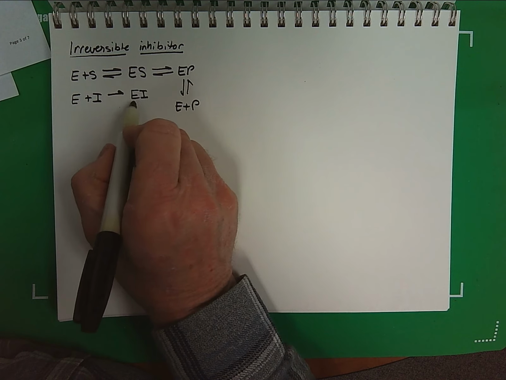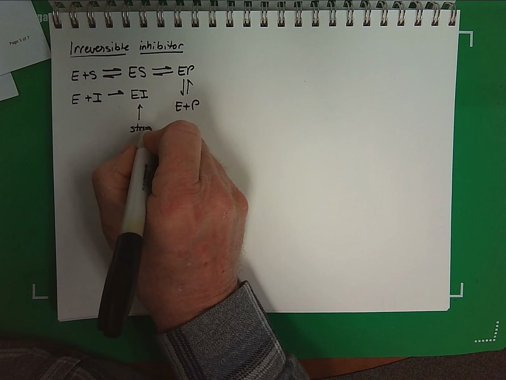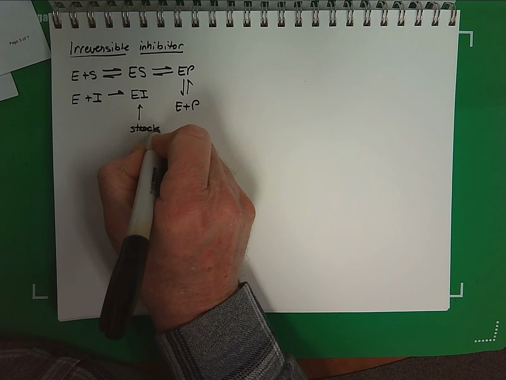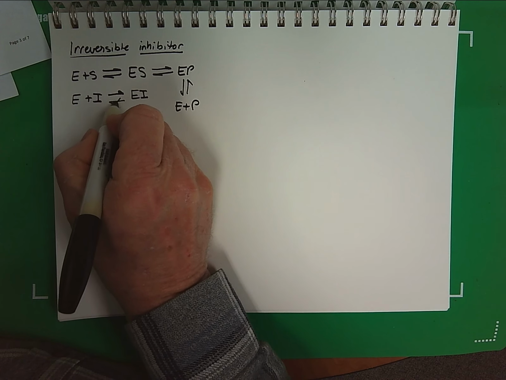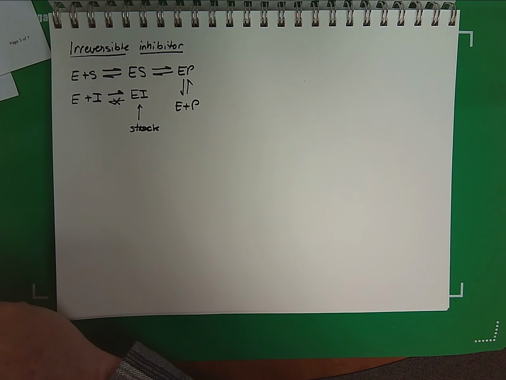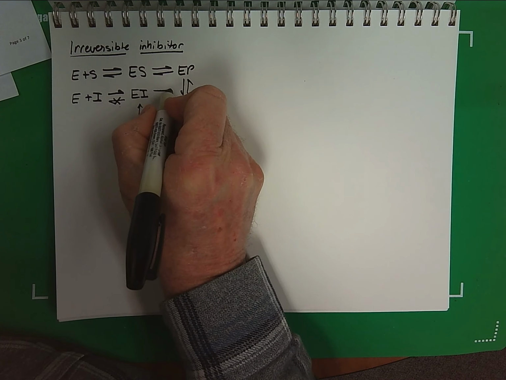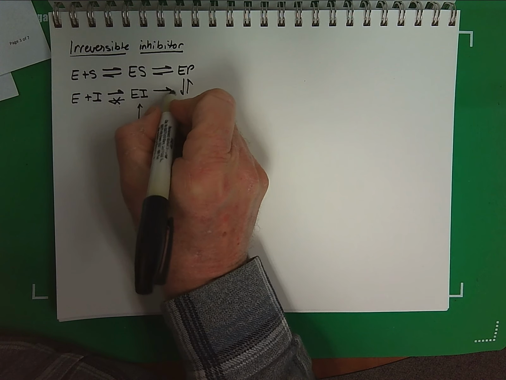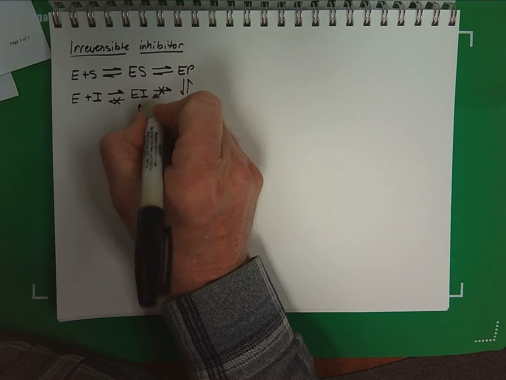Now what happens at the EI complex is that this reaction gets stuck, because there is no reversing this reaction. It further gets stuck because there is no catalytic activity to forming the E product reaction, so this reaction is blocked.